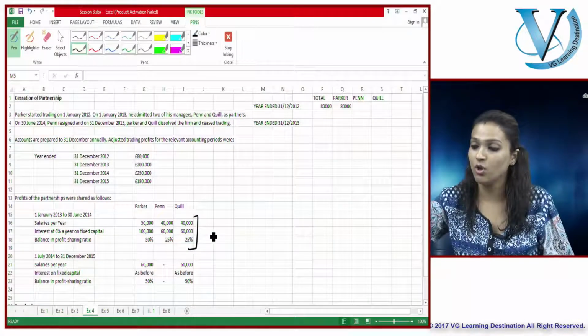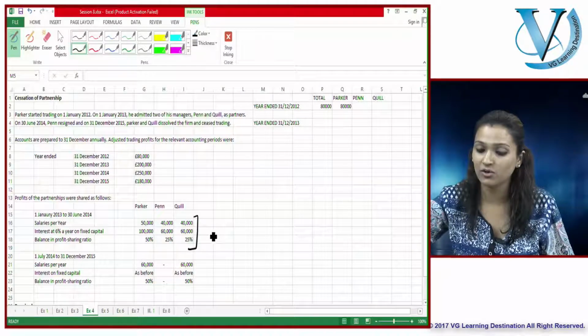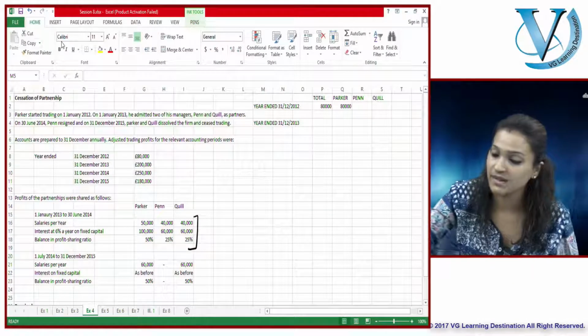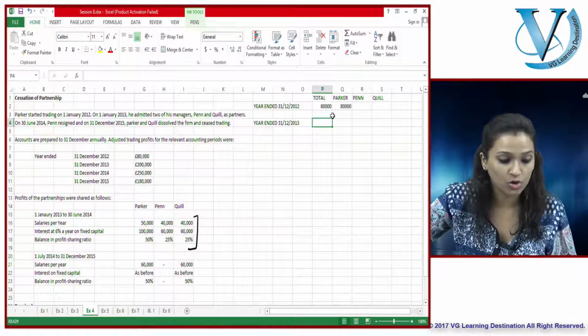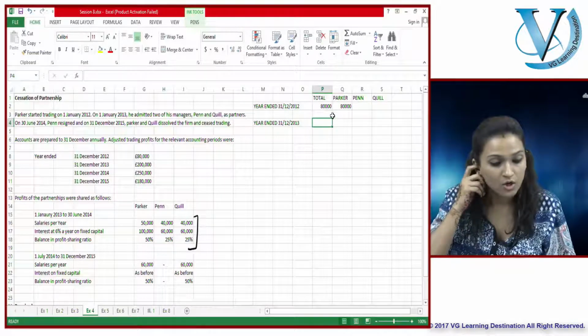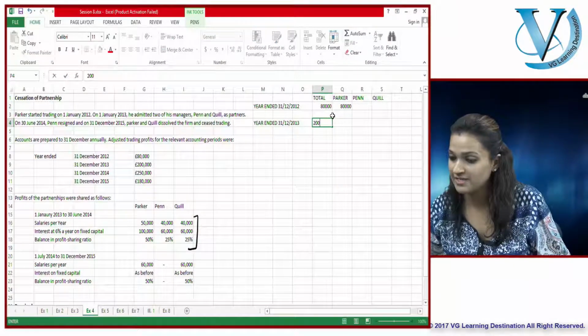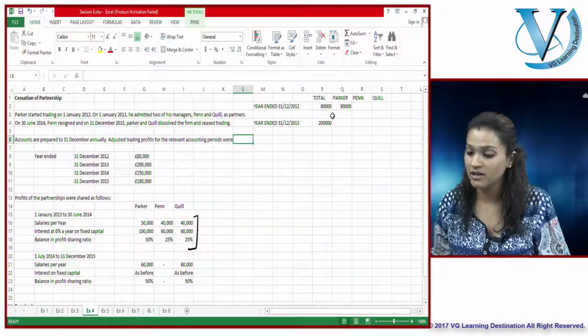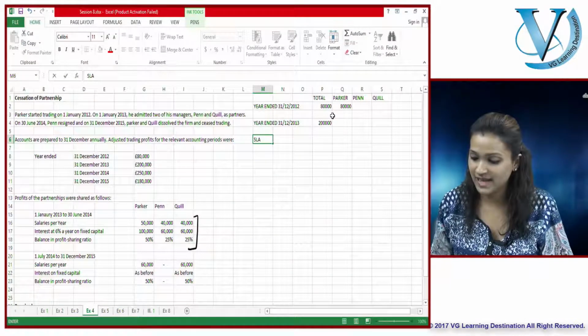And we already know how we have to calculate it. So first we give what? Let me just make a total column first. Total profit is 200,000 pounds, which I now need to divide. First I give away salaries.